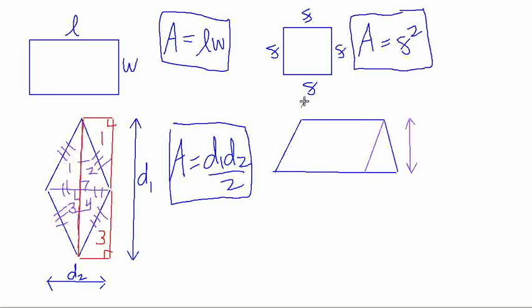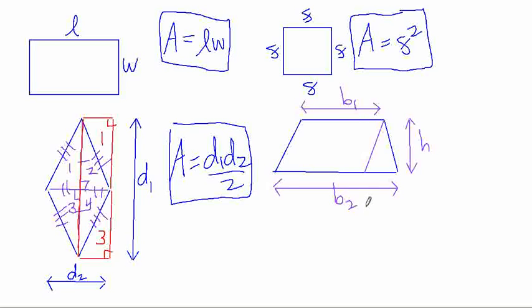So let's say that the trapezoid had top and bottom base lengths B1 and B2, and let's say it had a height h. So let me label those h, B1, and B2.